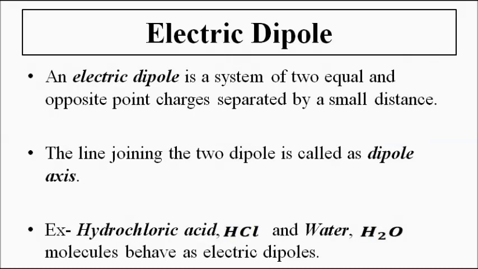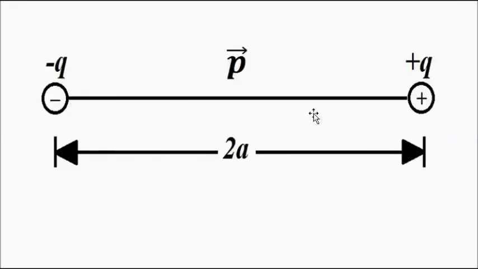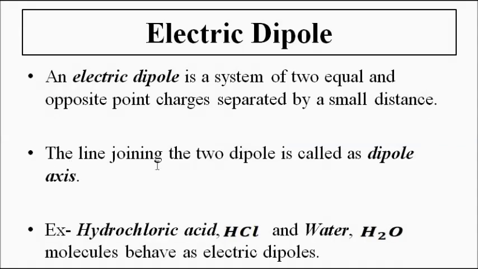Now this parameter we'll discuss just in a moment. So this line which joins the two charges, two equal and opposite charges, equal in magnitude, opposite in sign, is called the dipole axis. Okay, now electric dipoles you will see in various chemical substances such as hydrochloric acid and water molecules, they behave as electric dipoles.